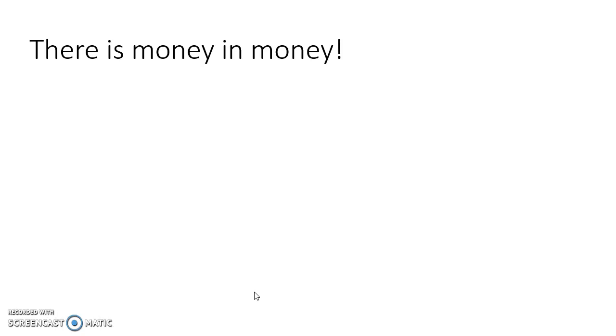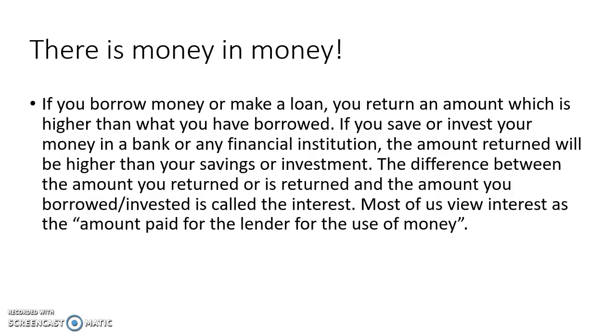There is money in money. If you borrow money or make a loan, you return an amount which is higher than what you have borrowed. If you save or invest your money in a bank or any financial institution, the amount returned will be higher than your savings or investment.